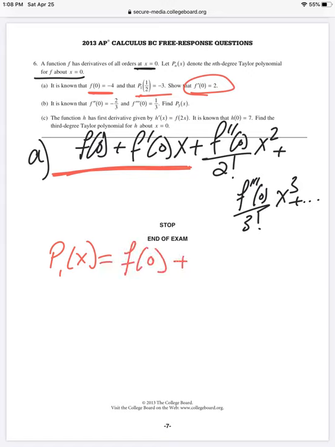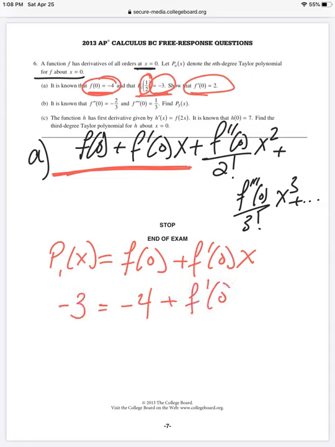So f of 0 plus the first derivative at 0 times x. I know from this part right here that f of 0 is -4, right? I also know that when x is a half, the answer equals -3. So that means -3 plus, I don't know the first derivative at 0, but I know x is a half.